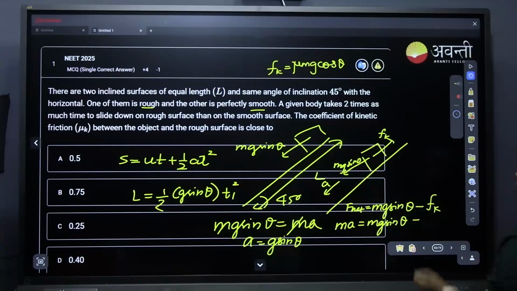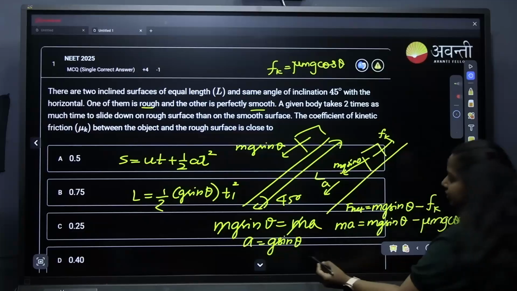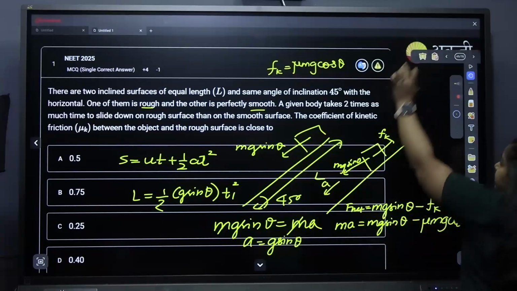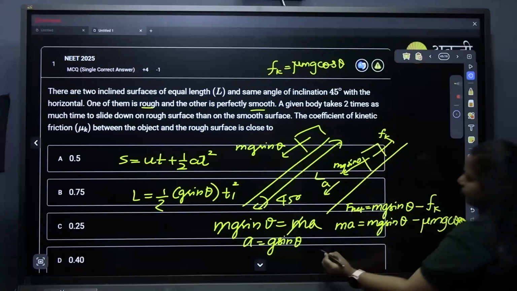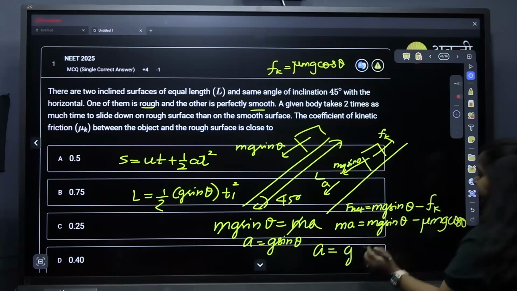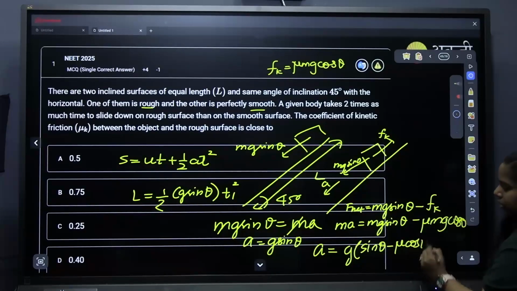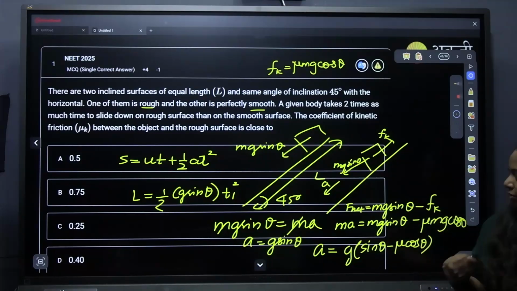Kinetic friction is mu mg cos theta. I am directly taking the result. Cancelling m on every side, we will get acceleration equal to g into (sin theta minus mu cos theta). Substitute the value of theta as 45.